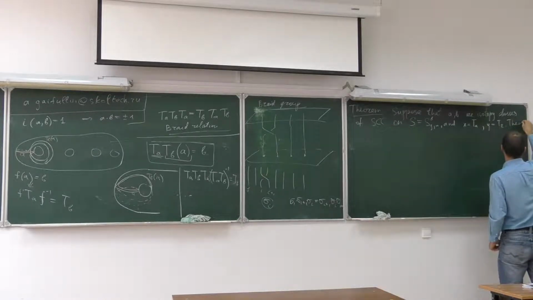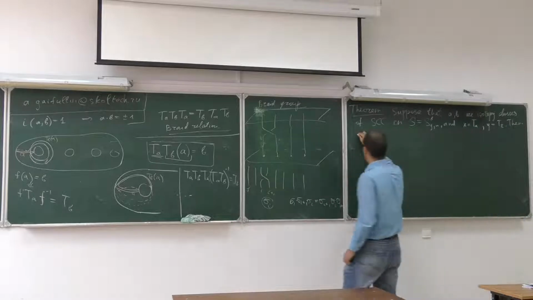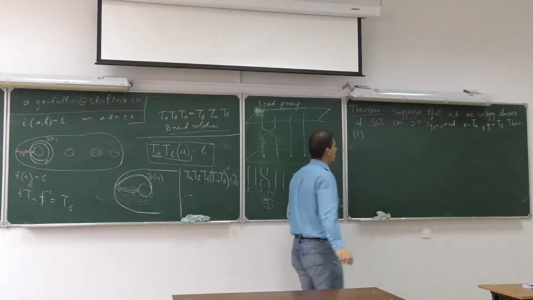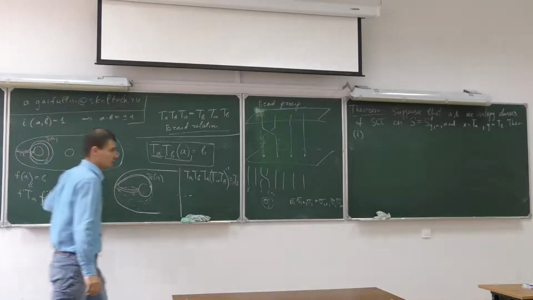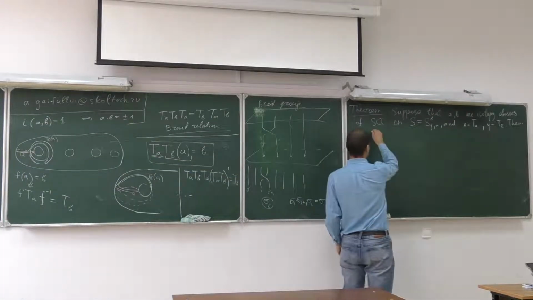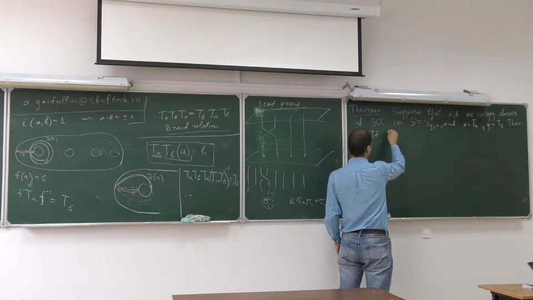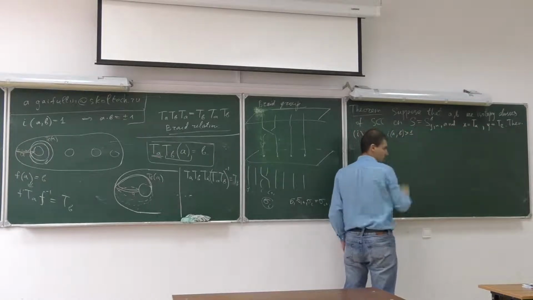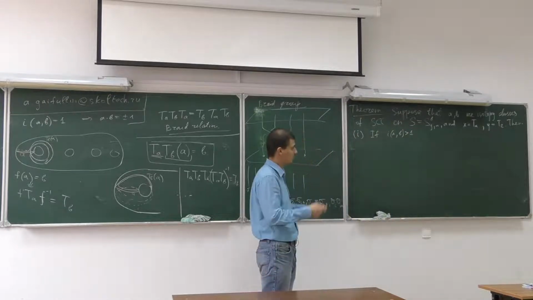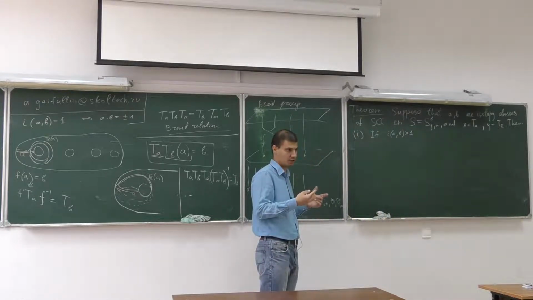Then we have two possibilities. First, if the geometric intersection index is greater than 1, is at least 2, then X and Y satisfy no relation.